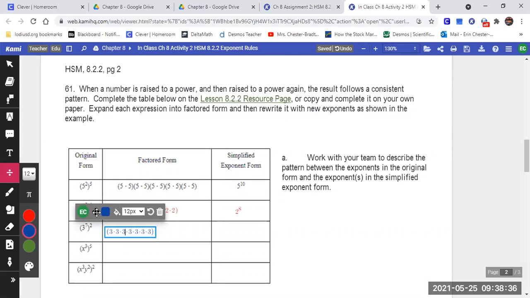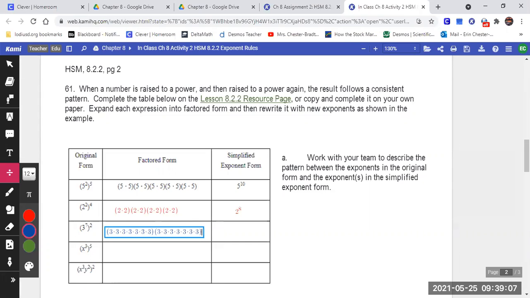How many sets of that do I need according to the outside exponent? 2 sets.